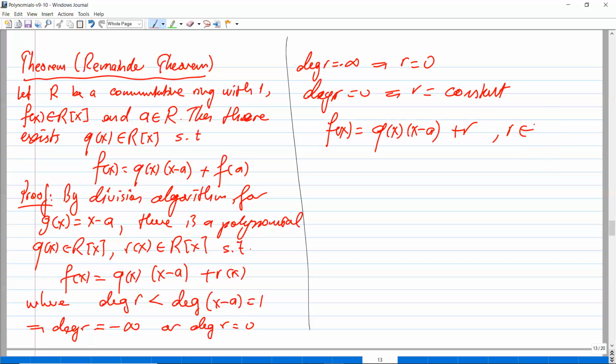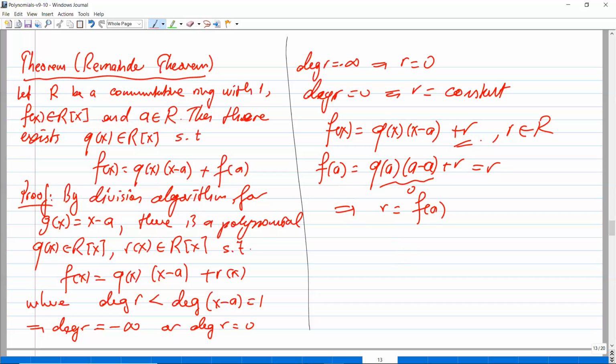R is from the ring R. Then if you evaluate this at a, f of a is Q of a times a minus a plus R. But a minus a is 0, so the result is R. Thus R is equal to f of a.